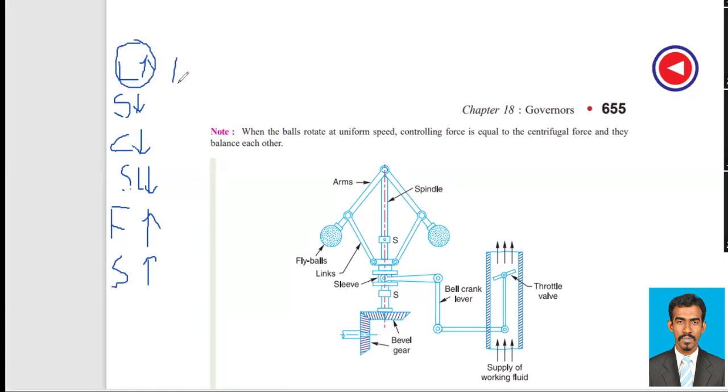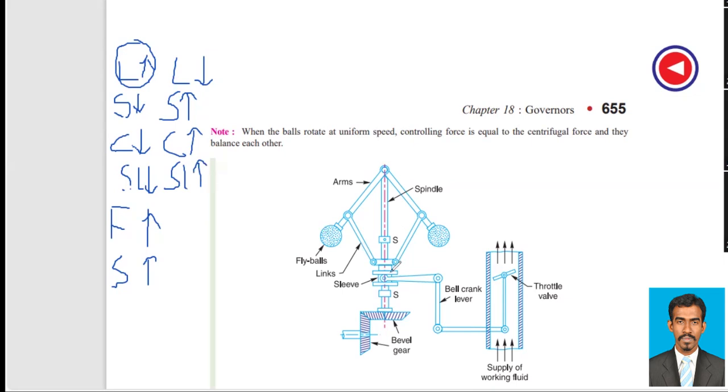Condition number two: if the load is decreased, the speed will increase. If the speed increases, the centrifugal force will also increase. So the balls will move upward, and therefore the sleeve will move upwards.